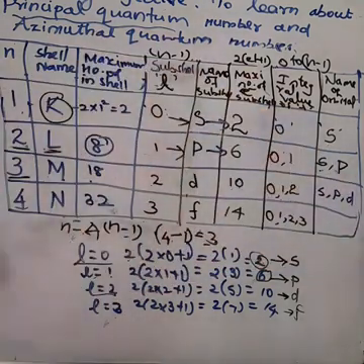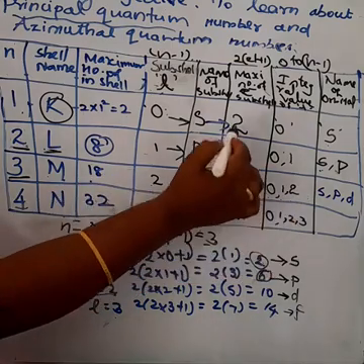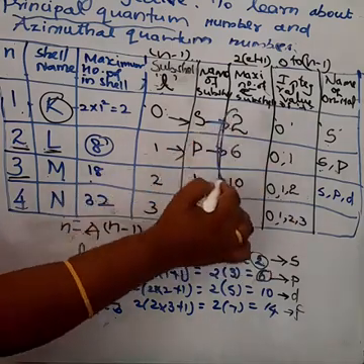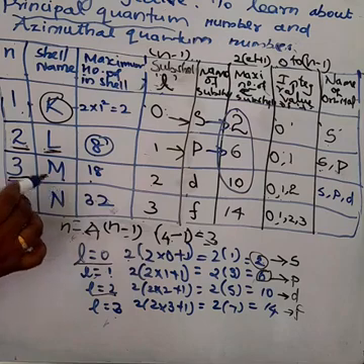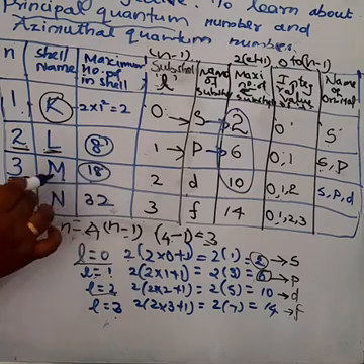Understood? 2 plus 6, 8; 8 plus 10, 18. So a maximum of 18 electrons can be accommodated in the M orbit.